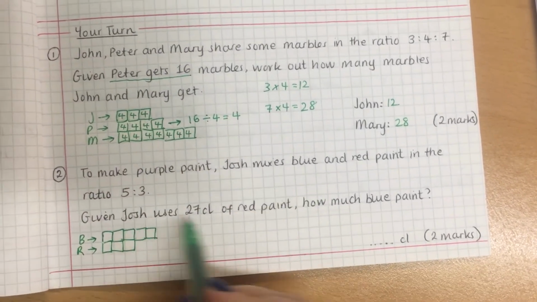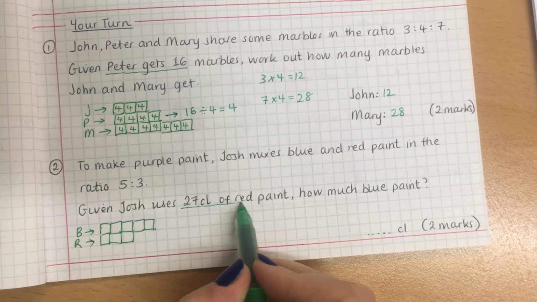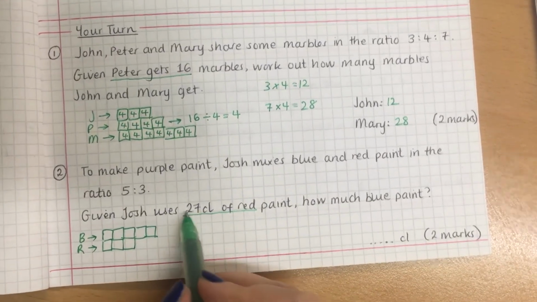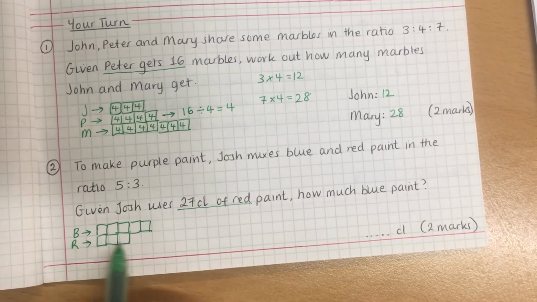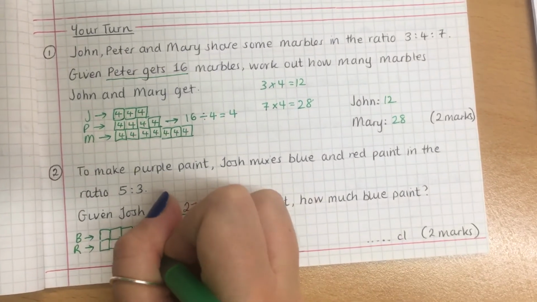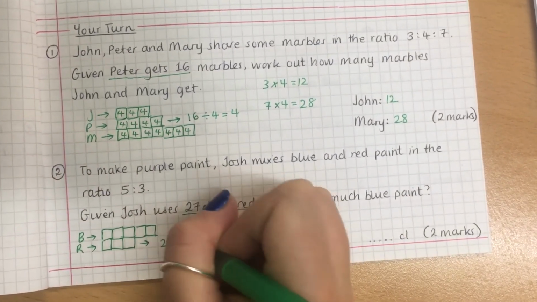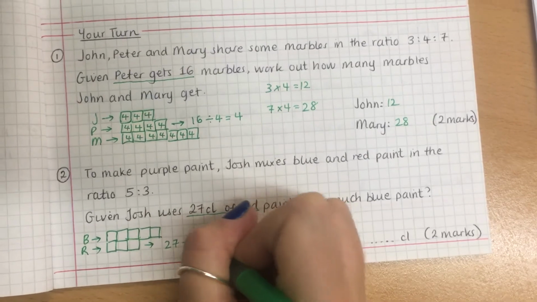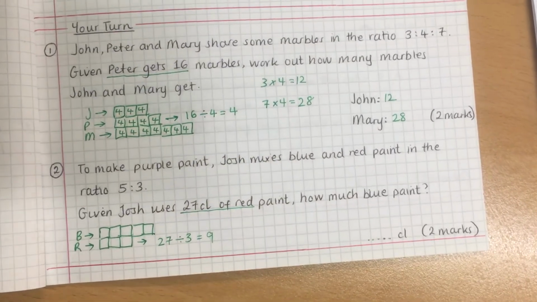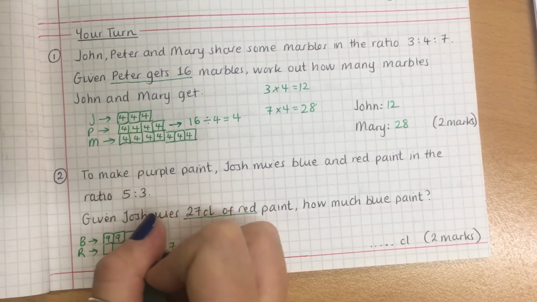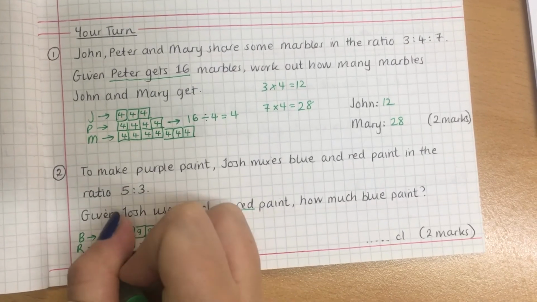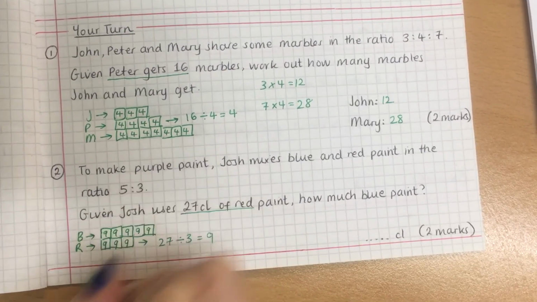Josh uses 27 centilitres of red paint, so we're splitting 27 across the 3 boxes that red has got. You get 9. That means every single box has got 9 centilitres in it because all the boxes are always the same.